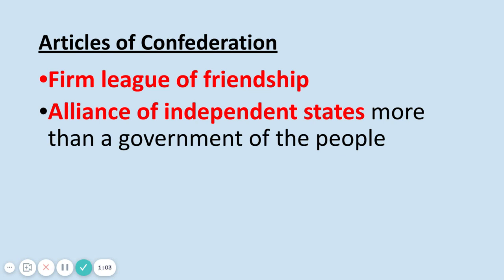So they were trying to make it where states had more control in their specific area. The Articles of Confederation is really kind of an alliance between the states, a friendly agreement that we will abide by what we agree and will respect our fellow states.